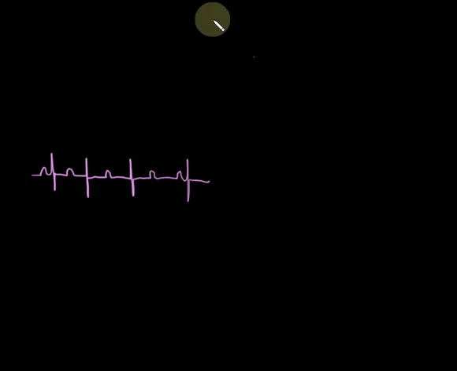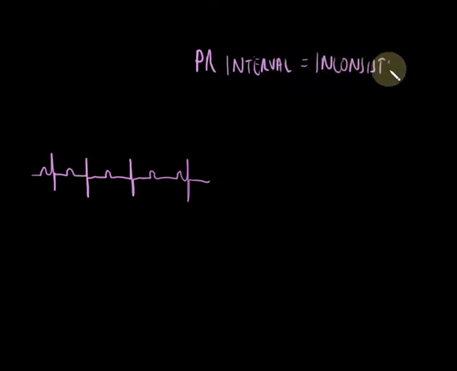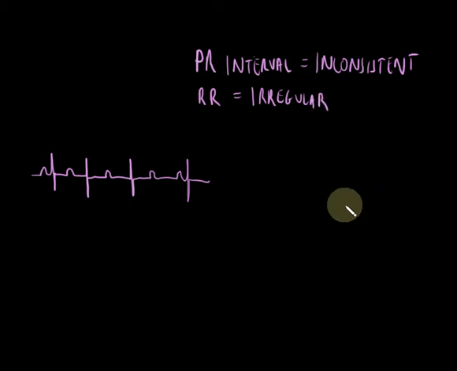So if I meet both of these criteria here, the PR interval is inconsistent, and the R to R is irregular, then almost always we're dealing with this type of rhythm.